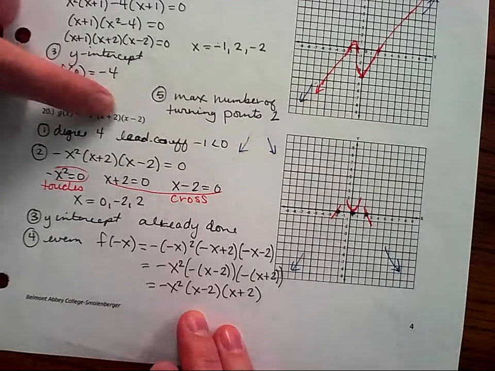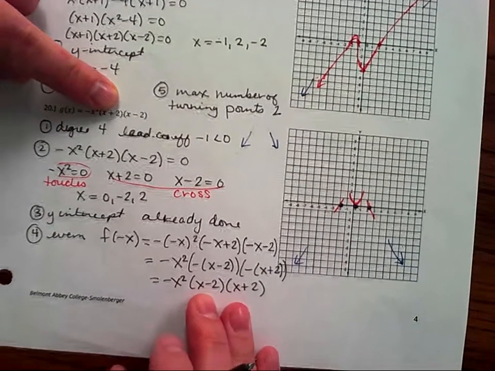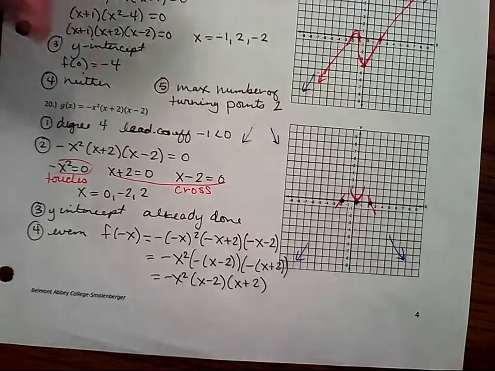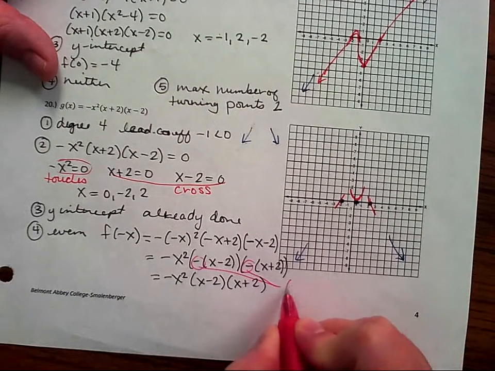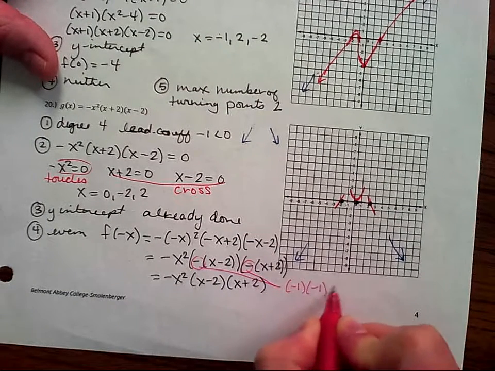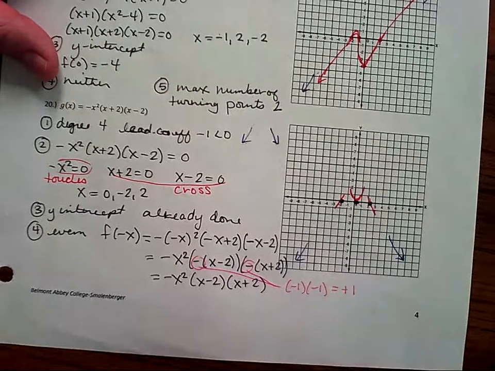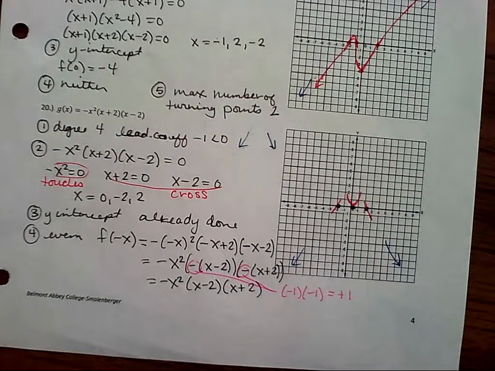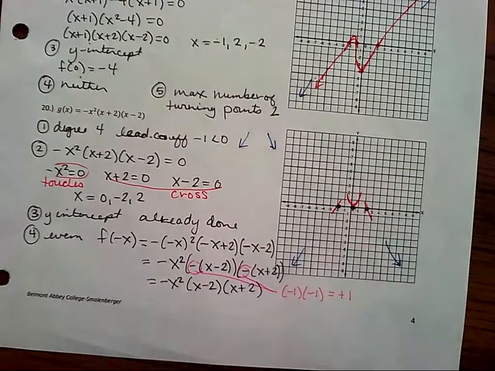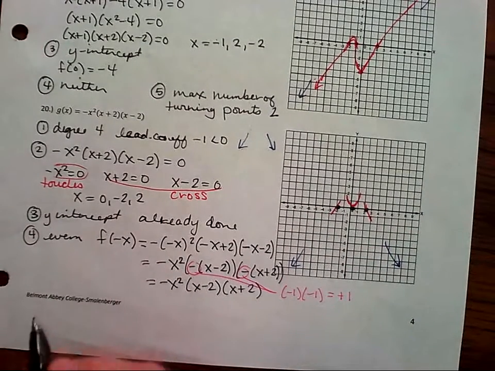So they are the same. Right? So I factored out the negative. So the thing is that it is even. It even looks like that, right? While I'm drawing. Okay, so now let's do 5, which is turning points.